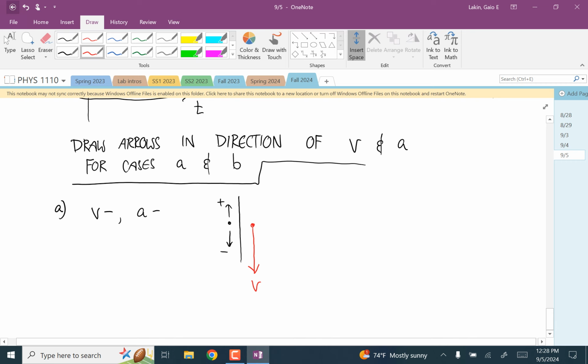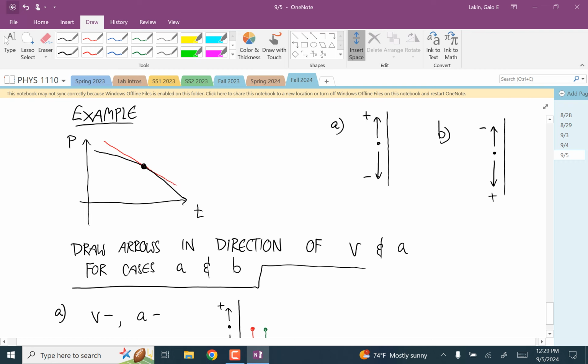Okay? The acceleration is negative, so the acceleration is also in the direction of our negative. Okay? Anybody have any questions about that yet?